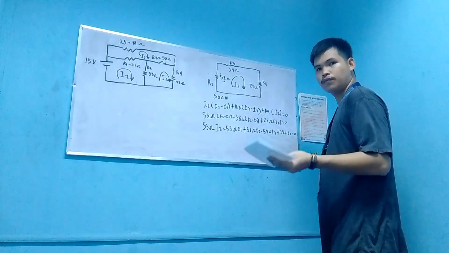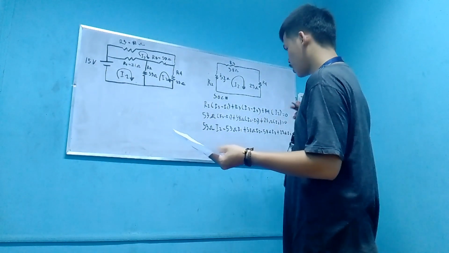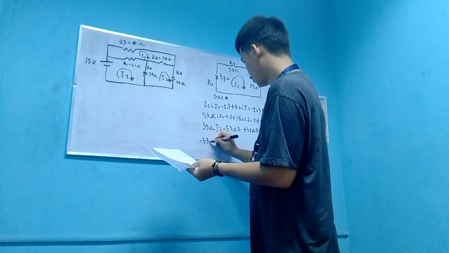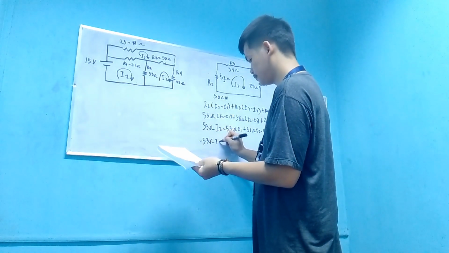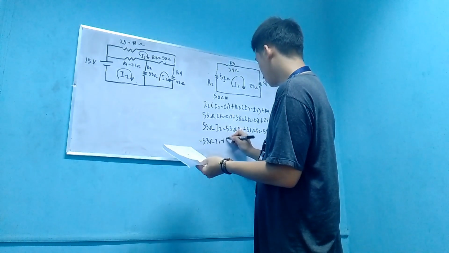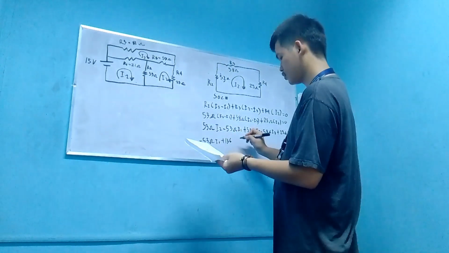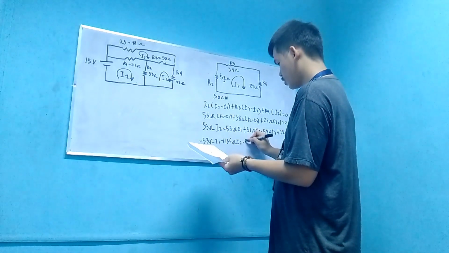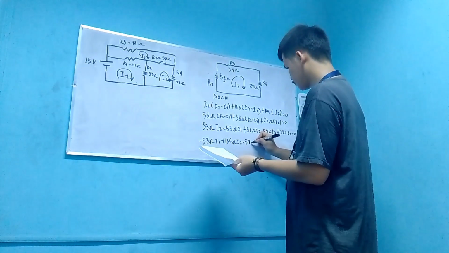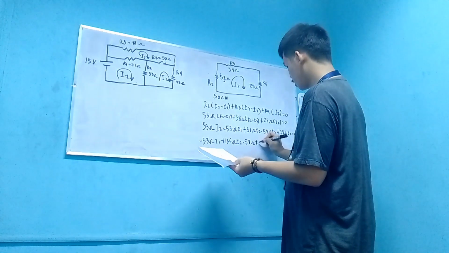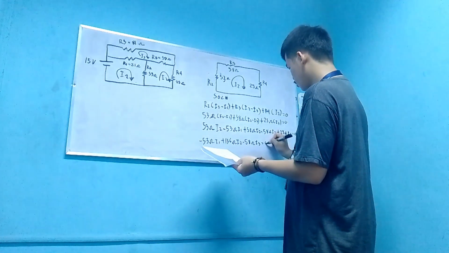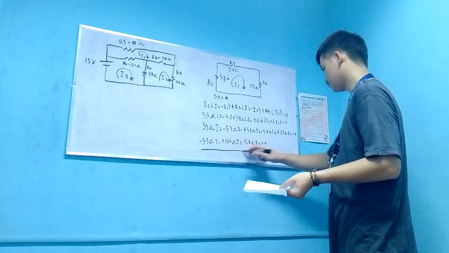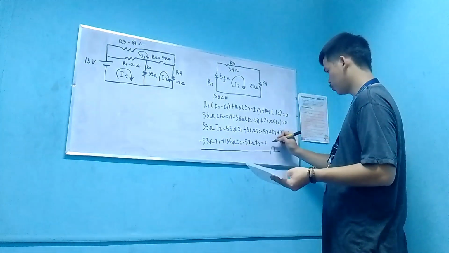Then combine same terms. So we have negative 53 ohms for I1 plus 136 ohms for I2 minus 58 ohms I3 equals to 0. So this is our loop 2.